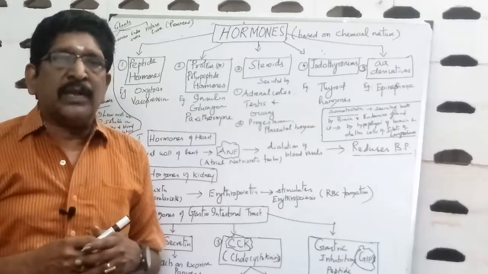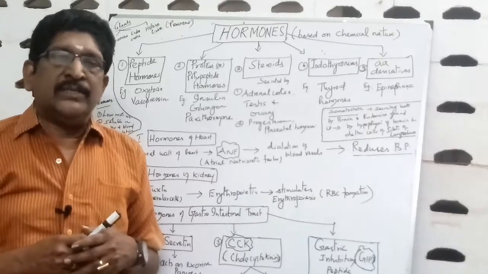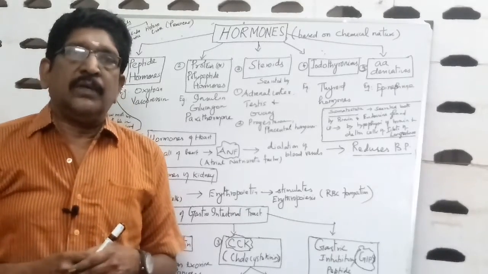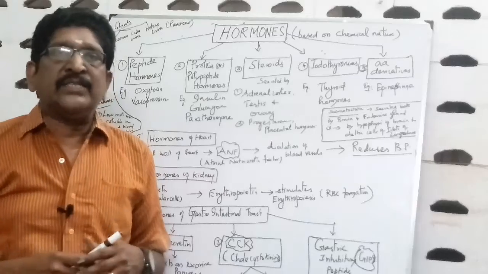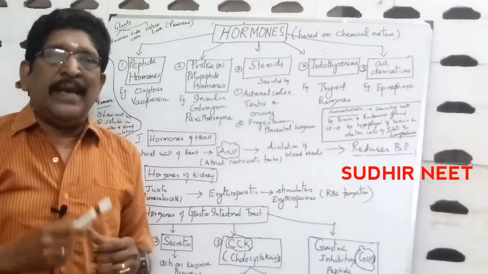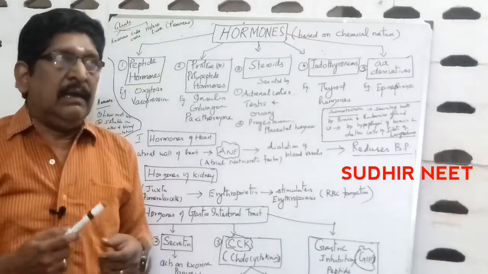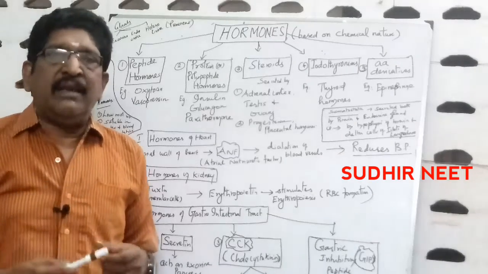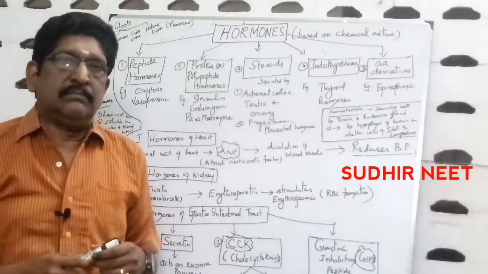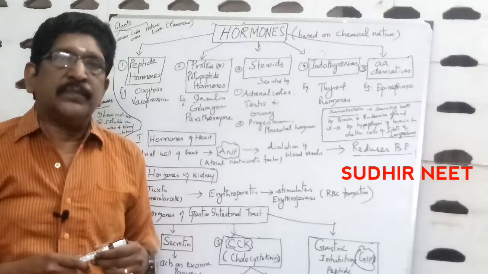What do you mean by heterocrine glands? They are both exocrine and endocrine. For example, a typical example, pancreas. A pancreas, by secreting the pancreatic juice, is an exocrine gland.